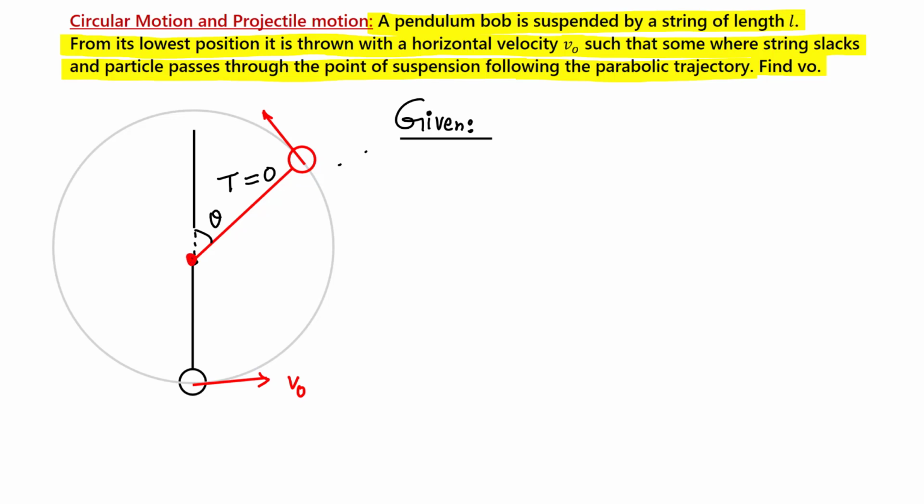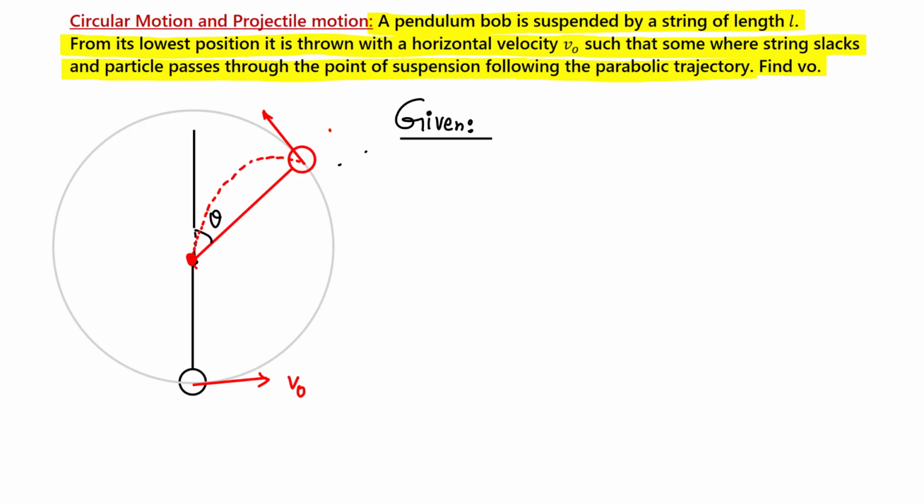Once tension becomes zero, the string slacks and the bob follows a projectile path, and this projectile path passes through the point of suspension. Using this we have to find velocity v0.